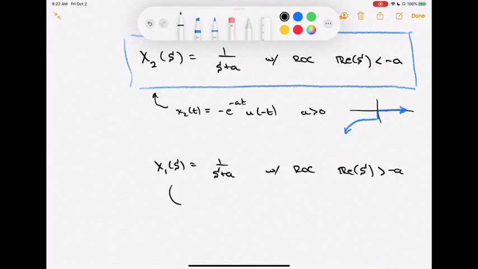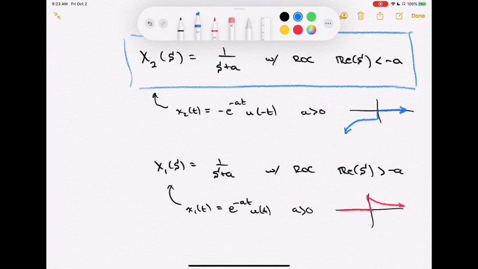And what did that guy correspond to? It was an x1 of t equaling e to the minus at u of t, again with some a greater than 0. And if I plotted that one in there, what did we get? We got a completely different looking signal, right? It was a causal signal, and it was a decaying exponential.